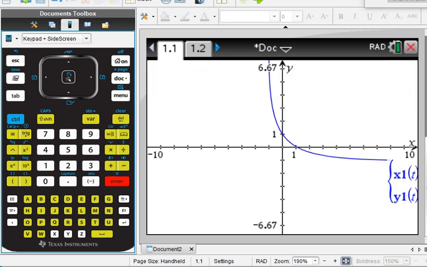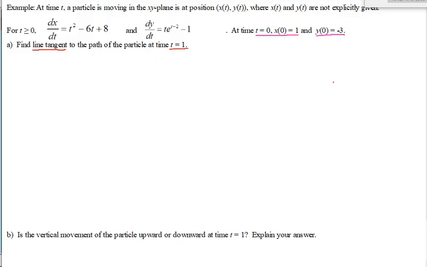Alright, then let's go to what it's asking for. So it's asking for the tangent line at time 1. So remember, for the tangent line, you need two things. You need your point of tangency and the slope. So the slope, remember, is still dy dx, which remember, for parametric ones, is dy dt divided by dx dt.